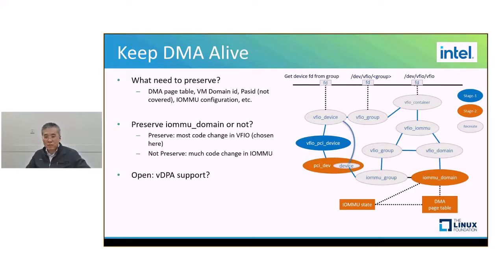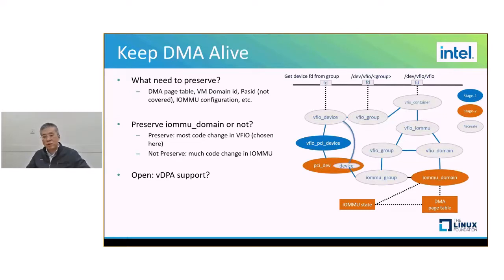There is a dilemma situation for us about whether to preserve IOMMU domain or not. The IOMMU domain data structure is a software data structure which can be recreated without clobbering hardware state. If we do recreate it, we will have pretty much code change to IOMMU driver. On the other hand, if we preserve it, most of the code change will be in VFIO.